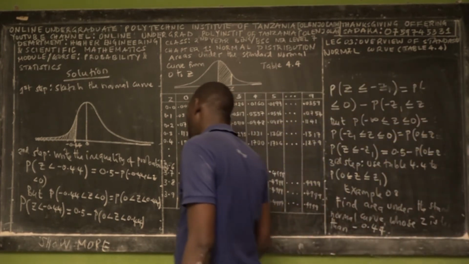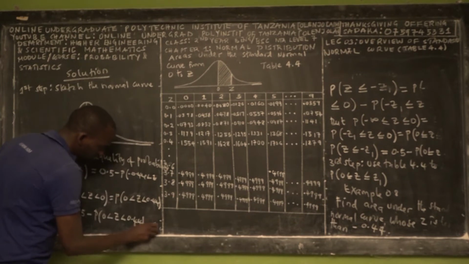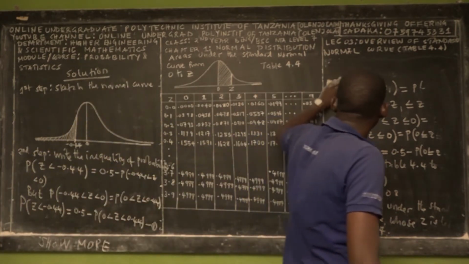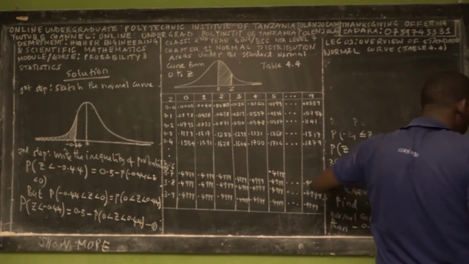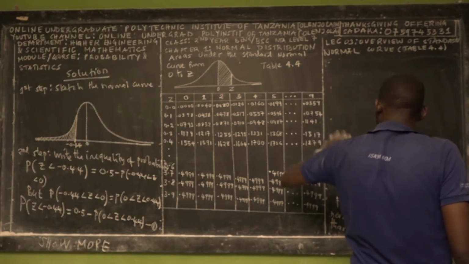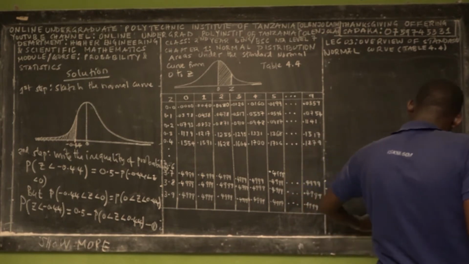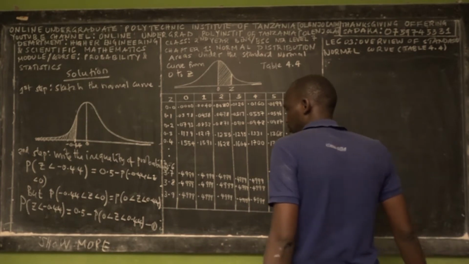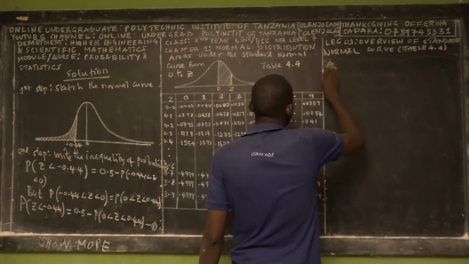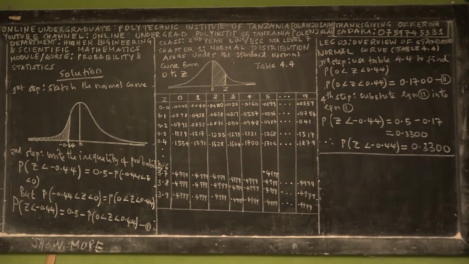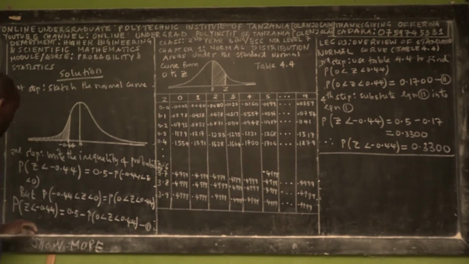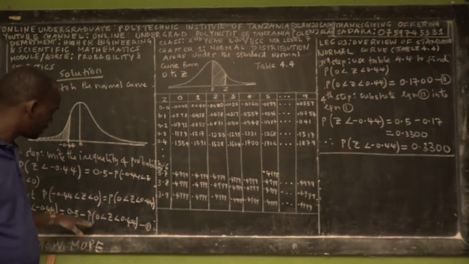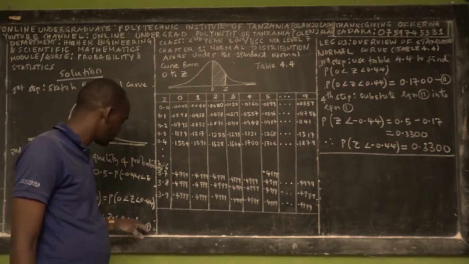So this is equation 1. How to use table 4.4 to find the required probability. So third step. We are done with the second step when we found equation 1: probability of z less than negative 0.44 is equal to 0.5 minus probability of 0 less than z less than 0.44.